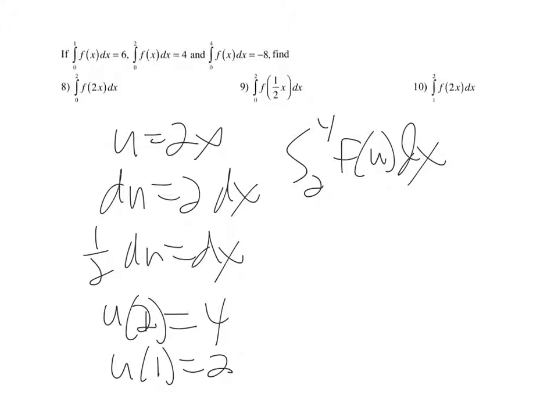So if I think about that rule of integral from a to b of f of x dx is the same as the integral from a to c. Sorry, I'm going to do this a little differently.